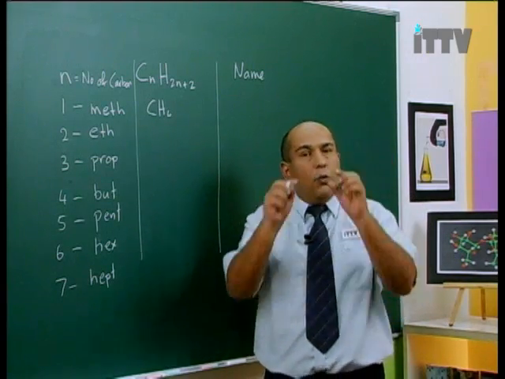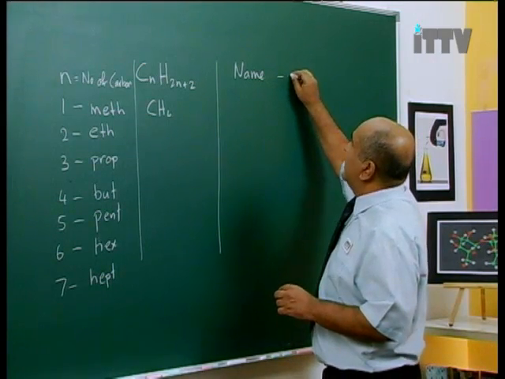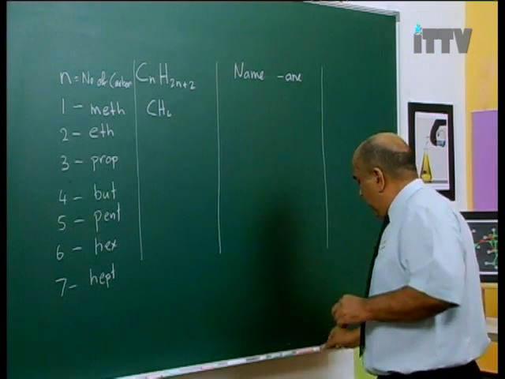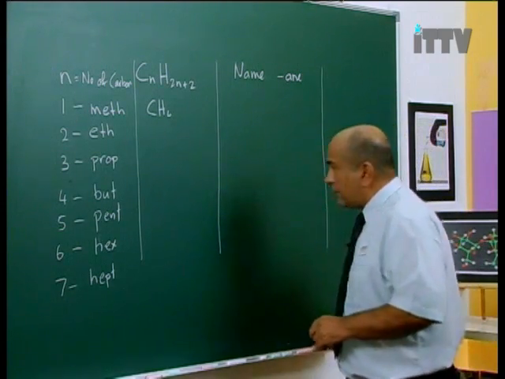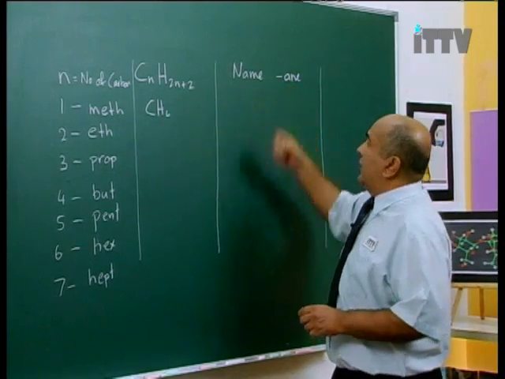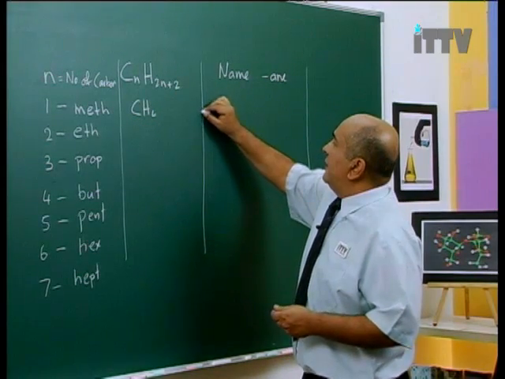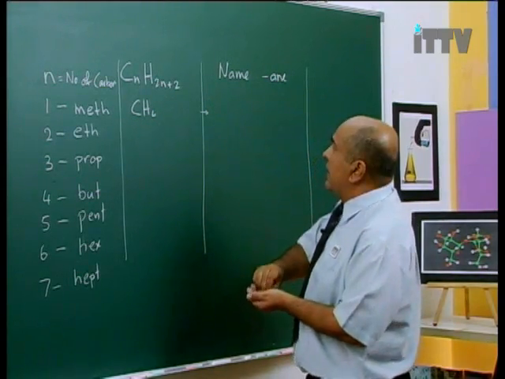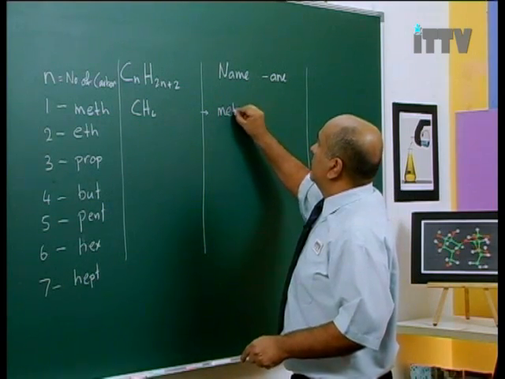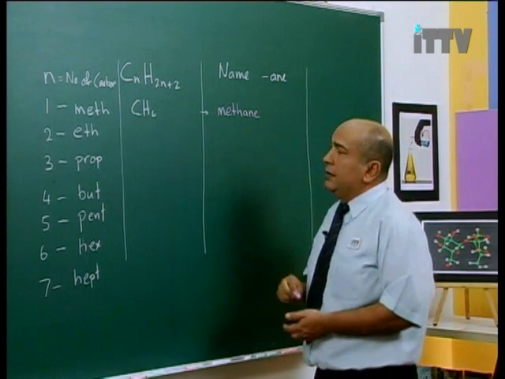All alkanes will finish with the word ane. So an alkane name will end with ane. Now, what we do is we take meth and then we combine it with ane. So we get the formula CH4, and then this will lead us to the name, and the name will be for 1 carbon meth. And because it's an alkane, we get methane.